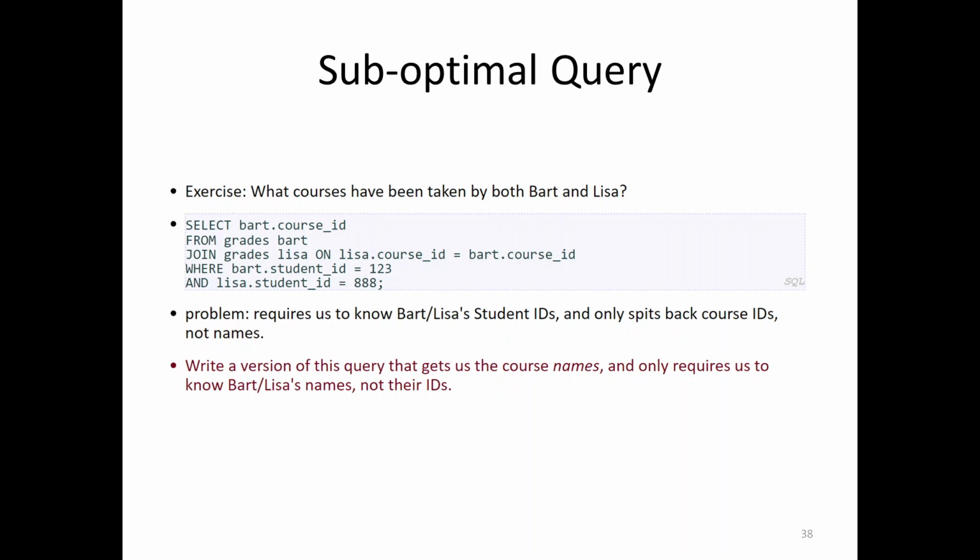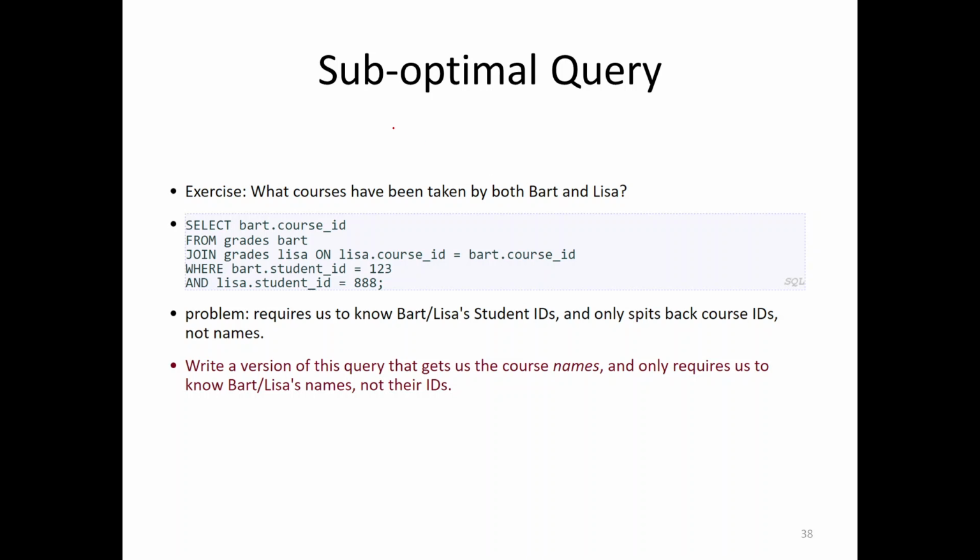I think it will be easier for me to draw that. Well, let me draw that for you, so it will be easier for you to understand how I'm going to construct this query. So what I want is the course names, you can call it, that are shared by Bart and Lisa.